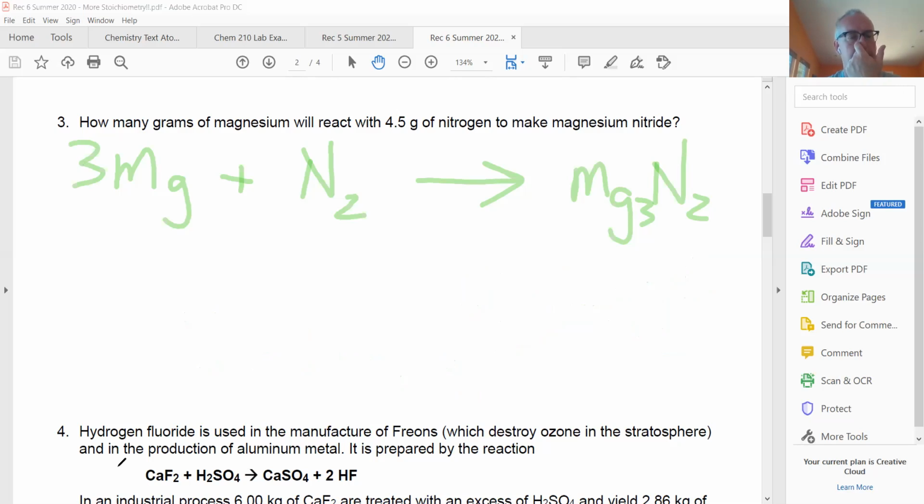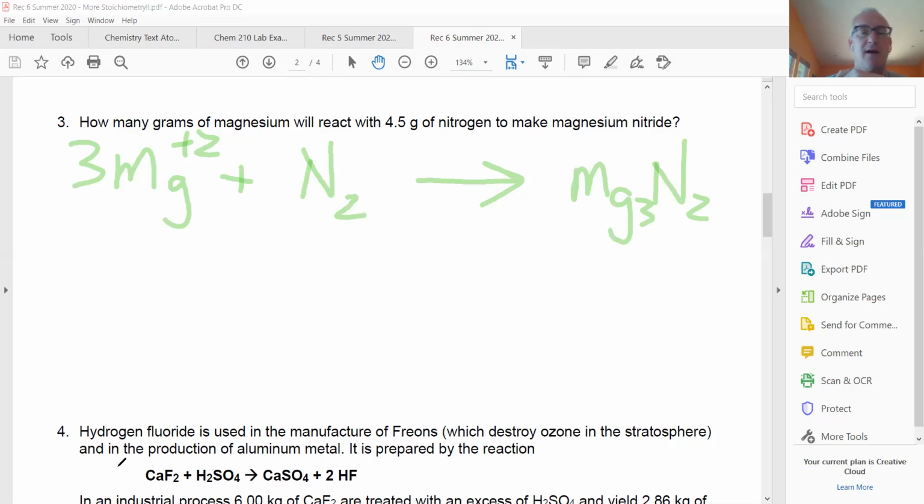Yep. And notice we don't put Mg2 plus. Why don't we do that? I mean, that's the way we normally see magnesium, right? How come we're not doing that here? Because it's not ionic.